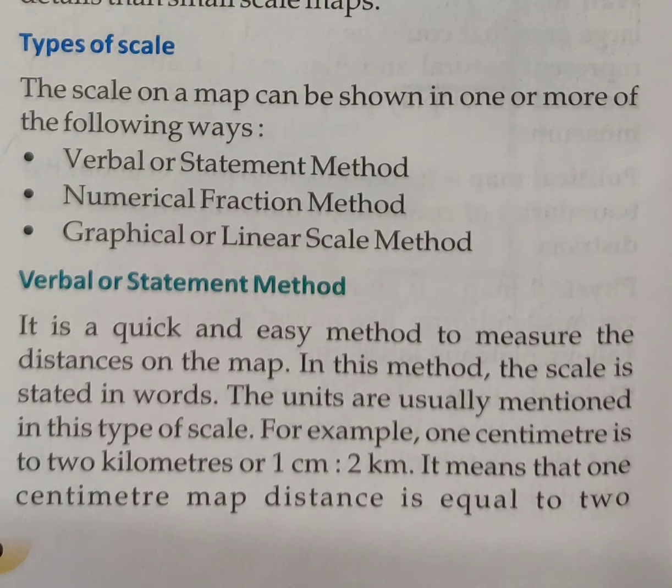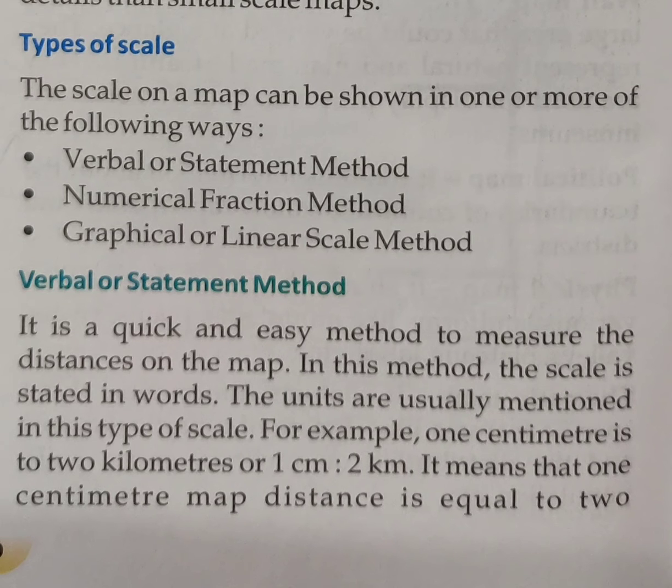First is the verbal or statement method. It is a quick and easy method to measure the distance on the map. In this method, the scale is stated in words. The units are usually mentioned in this type of scale.